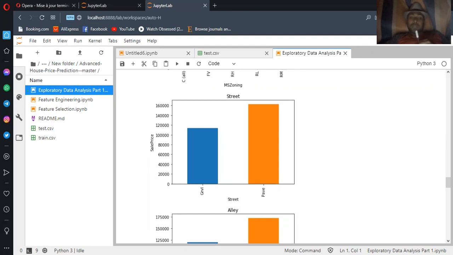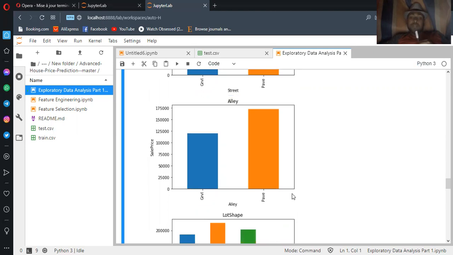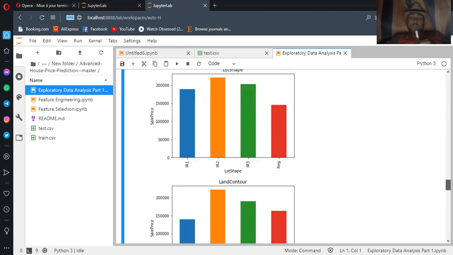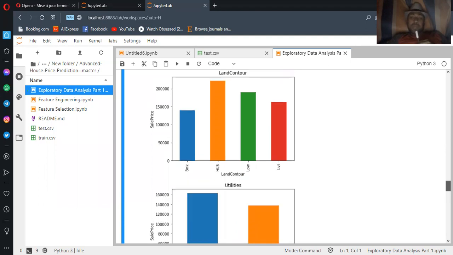Now we have also this Wave one here. We go on. We have lot shape: we have Air one, Air two, Air three, and so on. The most frequent is Air two. Well, around the counter, we have white, HL, pink.